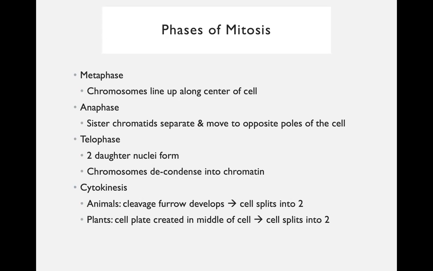Animals develop what's called a cleavage furrow, and I'll show you what that looks like, but it's basically the big overall cell kind of pinches in 2 from the outside. Plants develop what's called a cell plate, which grows from the middle out. So a cleavage furrow versus a cell plate.